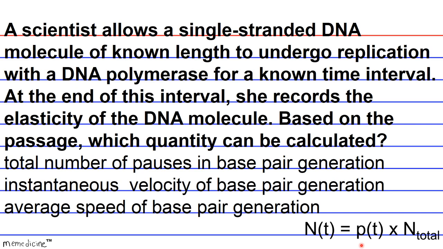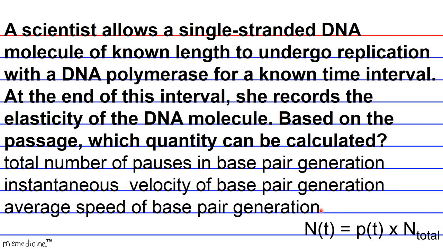So since the DNA is of known length, N of T, we know this, this means that scientists know the number of base pairs in total, and therefore the distance traveled by the polymerase, okay?